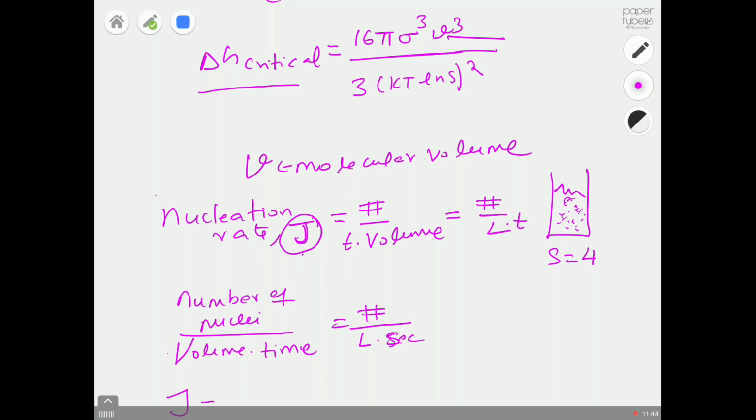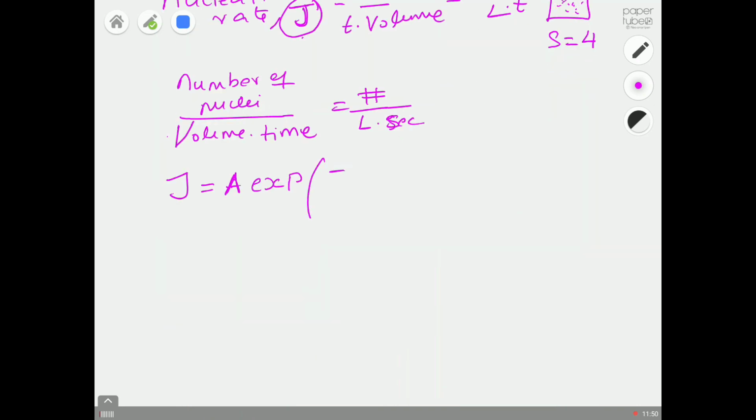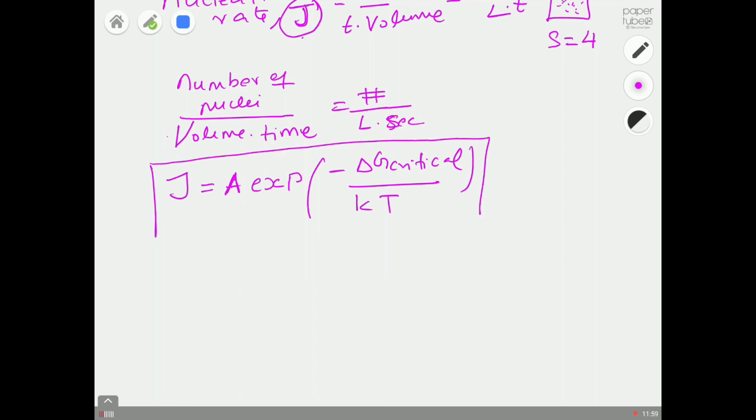So J is nothing but equal to some pre-exponential factor, exponential of minus delta G critical divided by kT. So this is called classical nucleation theory. This was developed in the 1950s, and still this is the only expression that we have.